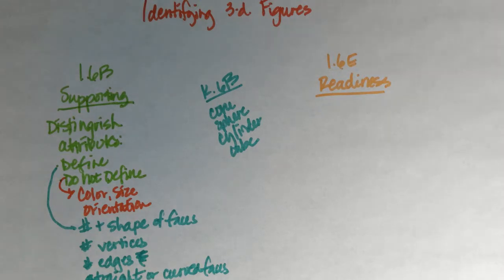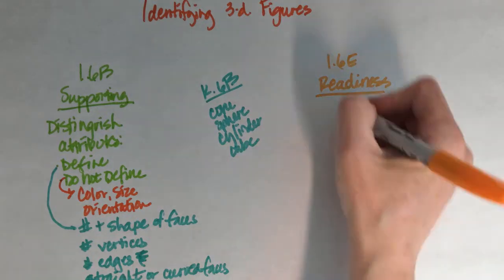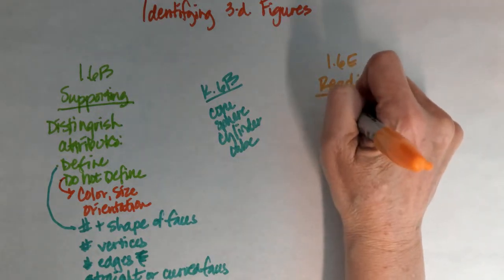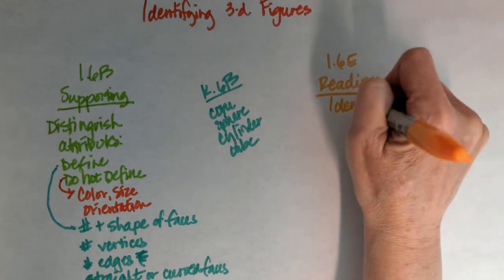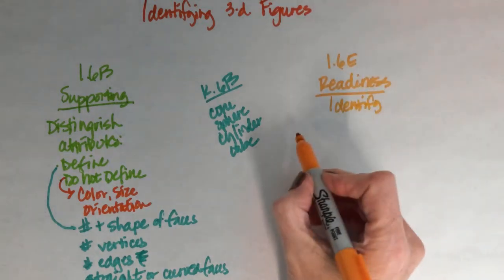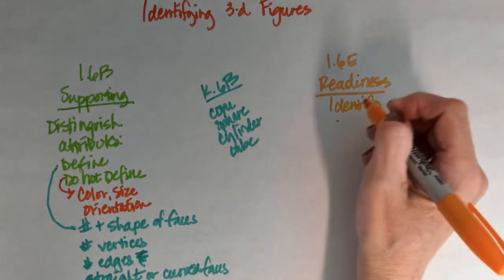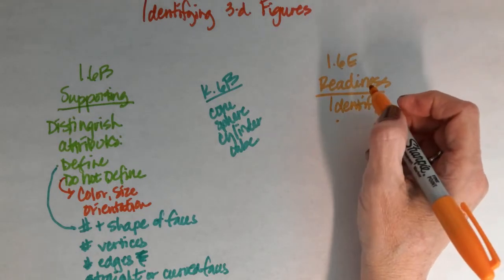So 1.6e, this is the identify standard for us. So it's got two parts, very similar to your 2D standard. You have two verbs. You have identify, and we identify the same figures as Kinder, but we add two prisms.